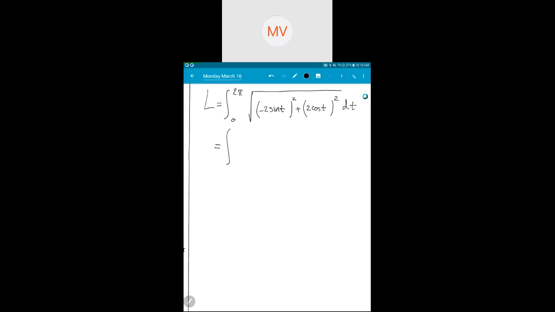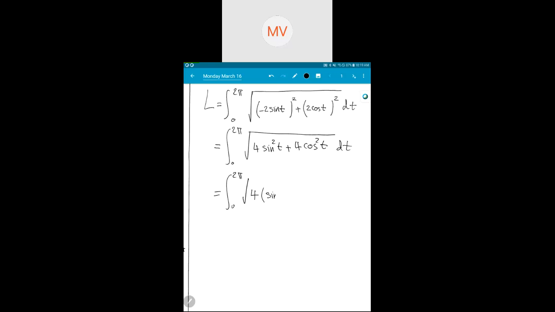Let's simplify. 0 to 2 pi, we have the square root of 4 sine square t plus 4 cosine square t, dt. What can we do with this? We have 4 sine square plus 4 cosine square. Anything can be factored? As you can see, 4 can be factored. So let's take out 4.